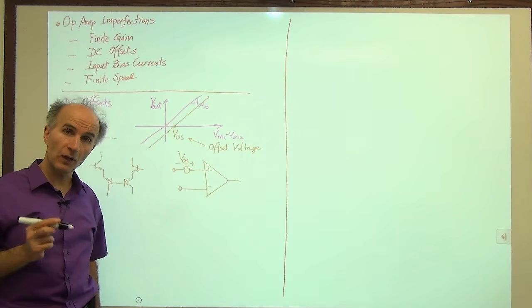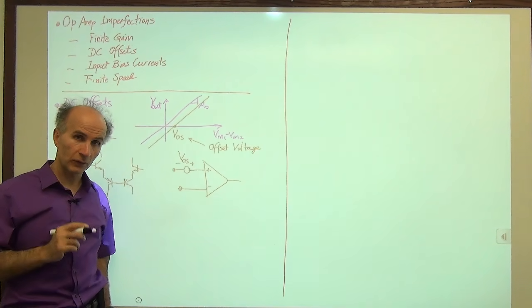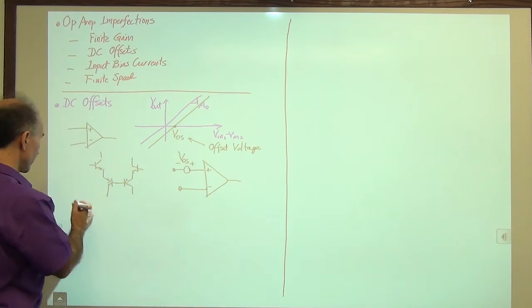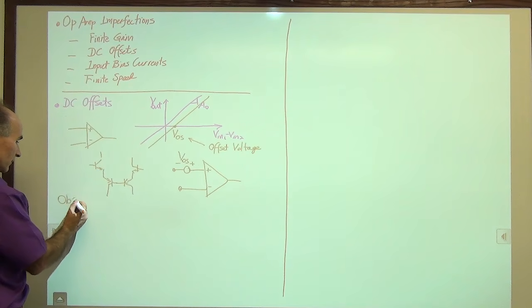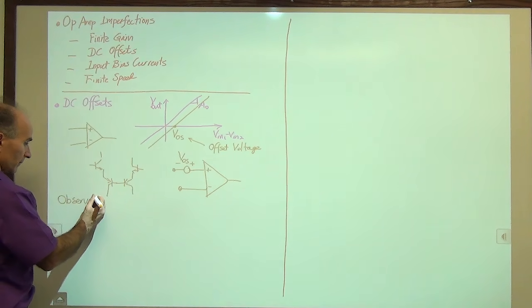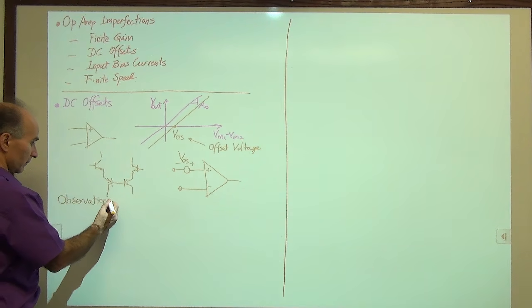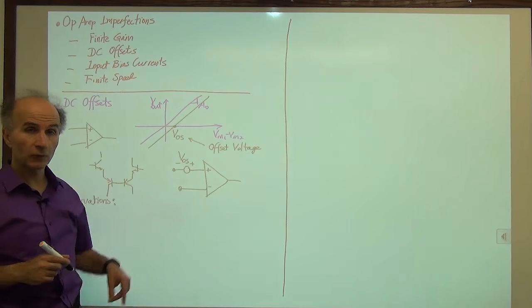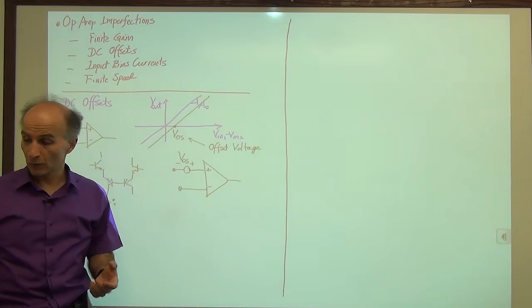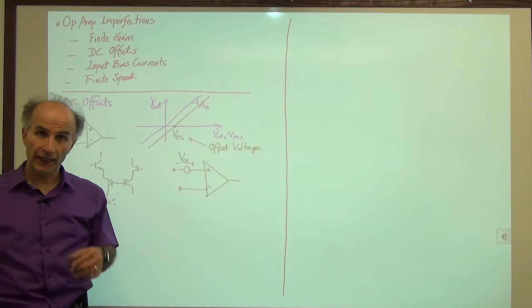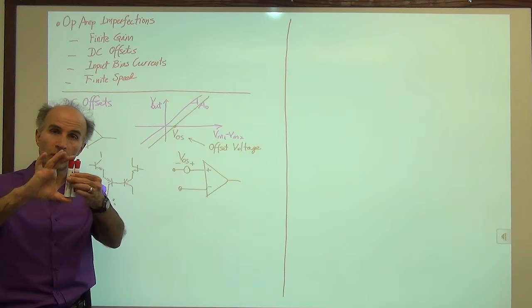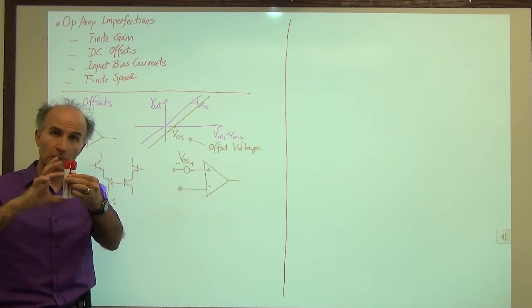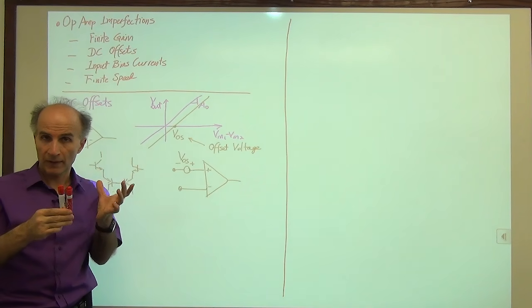Let me make a few observations here so that you're not totally confused. Number one, this offset voltage is random. When you build these two pens today, let's say this one is a little taller than this one, but when you build them tomorrow, this might be a little taller than this one.